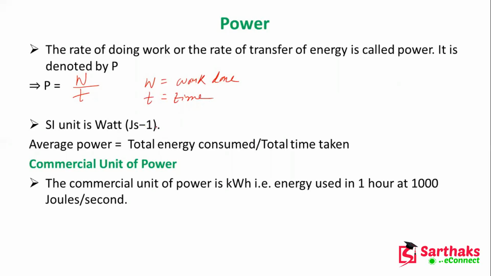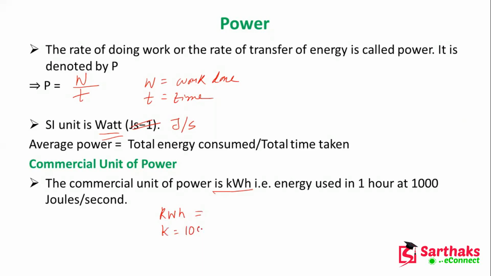Okay, and the SI unit is the watt, or joule per second. And average power is total energy consumed divided by total time taken. And the commercial unit of power is kilowatt hour. Kilowatt hour.